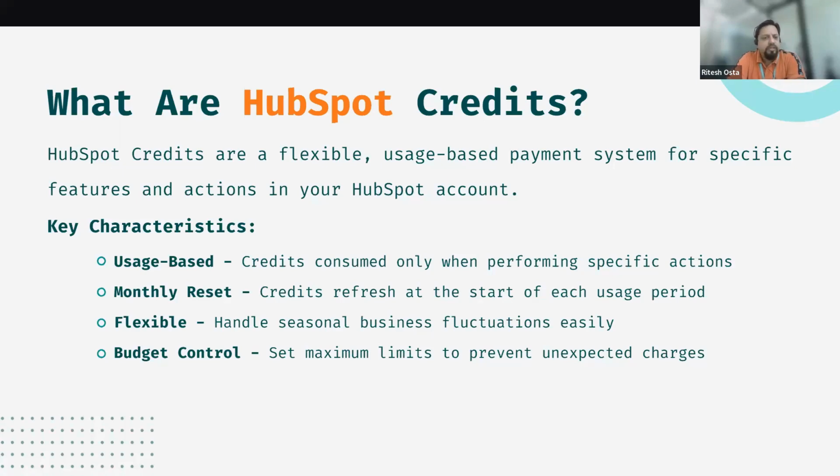So HubSpot has now brought in a very logical billing method in which it is going to charge based on usage, the tool's usage. You still have to pay the subscription, the SaaS subscription, user-based. But on top of that, it has also added what they call HubSpot Credit, specifically for data enrichment and AI usage.